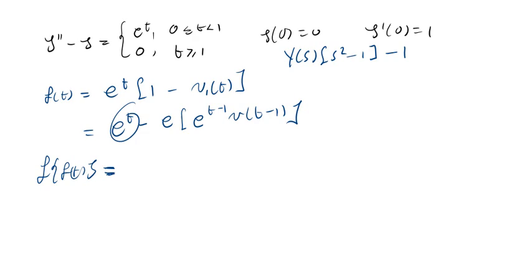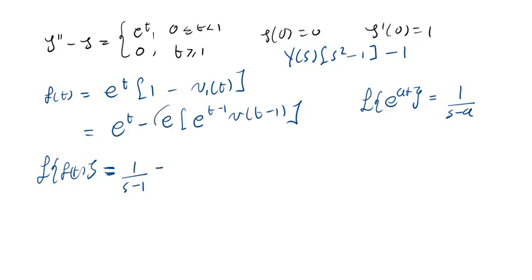So this one comes from the fact that the Laplace transform of e to the at is simply equal to 1 over s minus a, and in this case our a is 1, so that would be 1 over s minus 1.